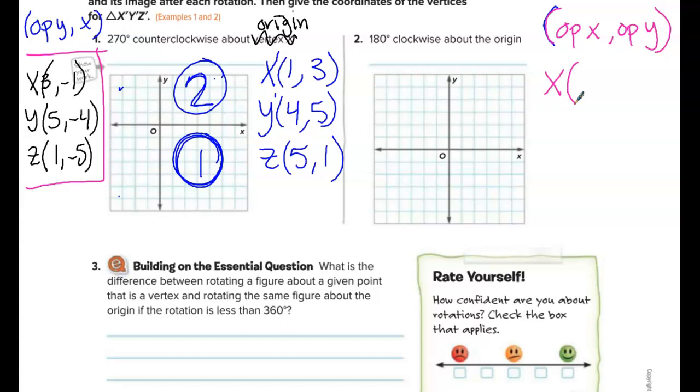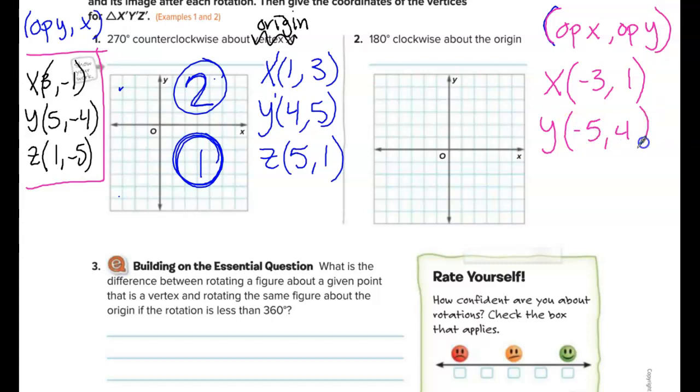What was your original x for x? Oh, 3. Okay, so what's the opposite x? -3, -3, what's the opposite y? Oh, +1. There we go.